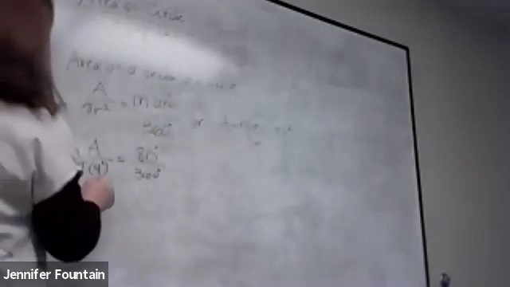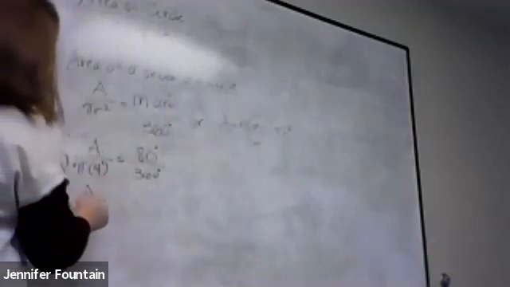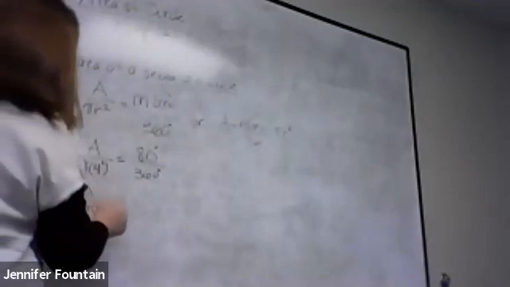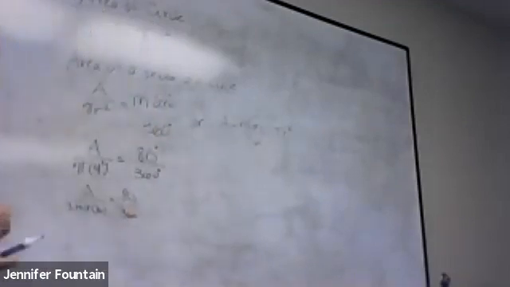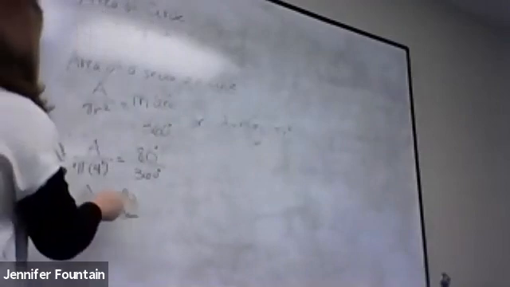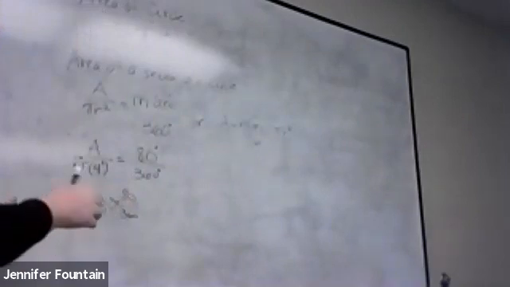So I'll have A over pi, which is, we'll say 3.1428 times 16, equals 80 over 360. Now I will cross multiply here.